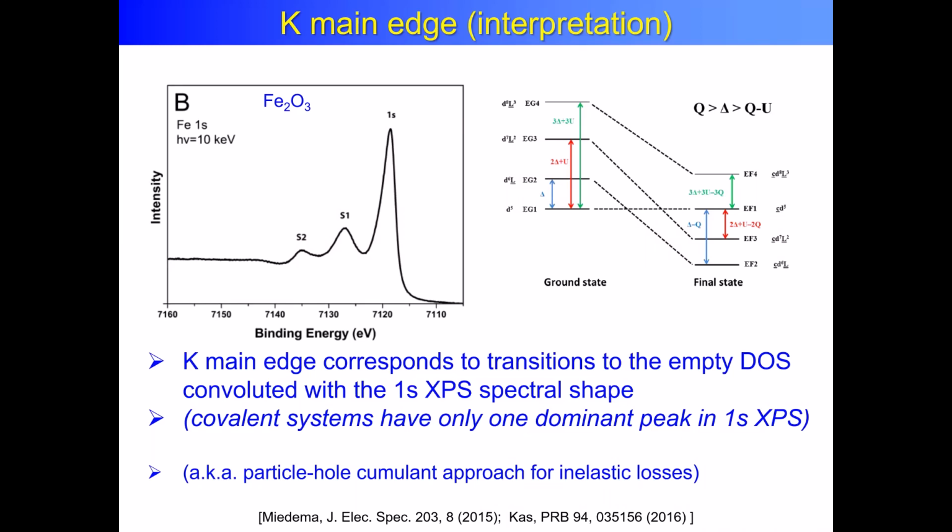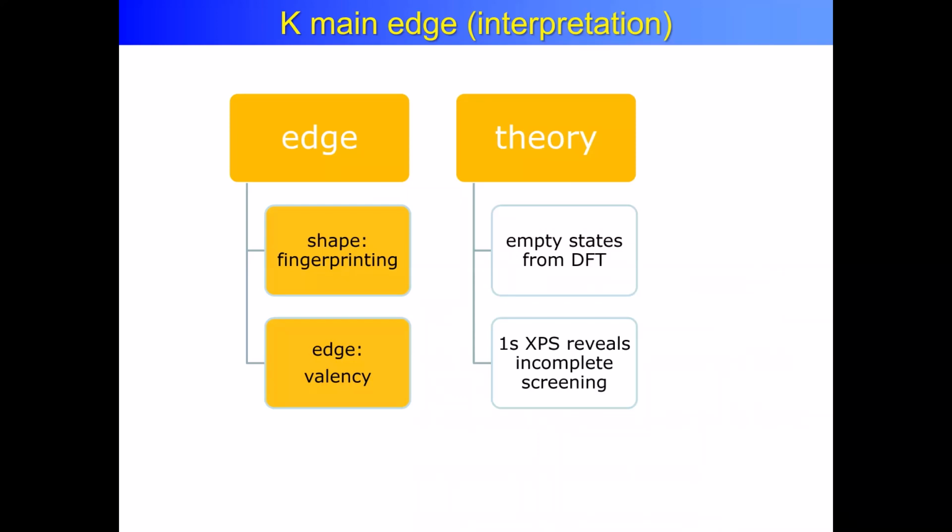Another reason that you do not often see this is if you go to covalent systems. I specifically chose very ionic systems, but if you take covalent systems, then the main peak in 1s XPS is dominating, so you hardly see your inelastic losses. So then you can go back to your density of states interpretation. So my conclusion for the K main edge is that you have an edge. You can do fingerprinting analysis on the shape, or you can do valency analysis on the edge.